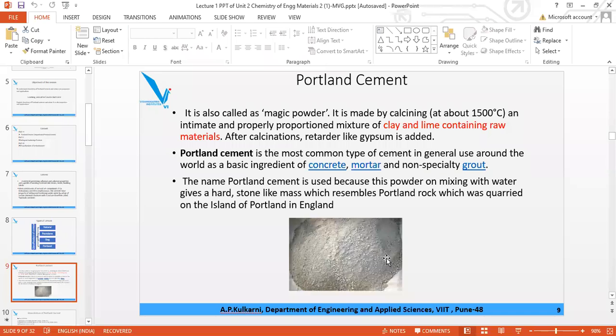If you observe the tiles in your home, between any two tiles you will find some packing material, and that material is called grout. If that is not used, then if you apply pressure, the tile will immediately break into pieces.